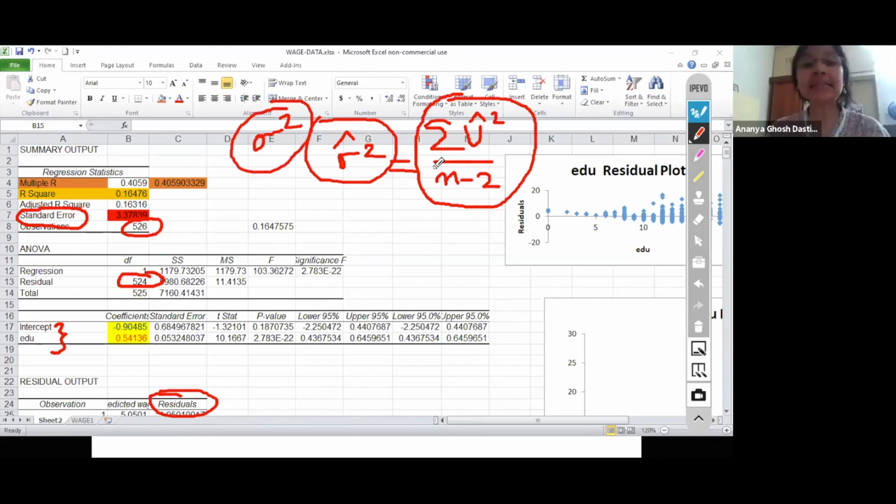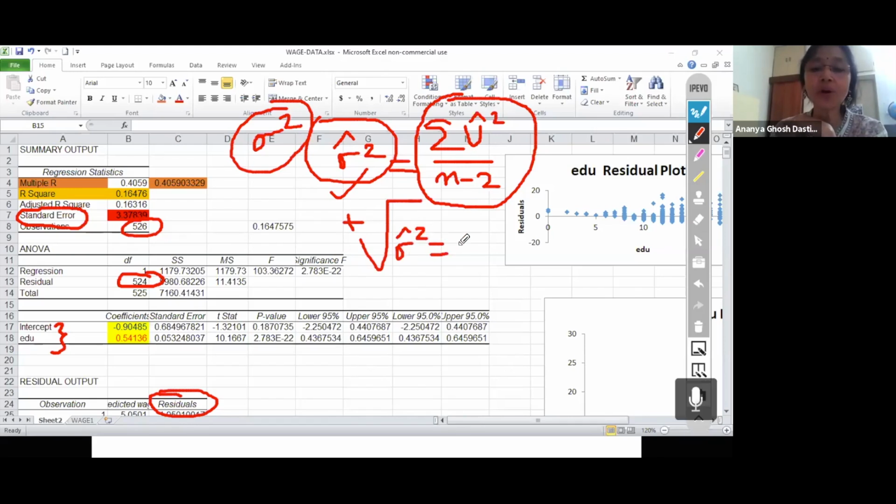And sigma hat square is what you estimate once you have the data. And once you take the positive square root of sigma hat square, guess what you get? The positive square root of sigma hat square is sigma hat. And what is sigma hat? It is the standard error of your regression.